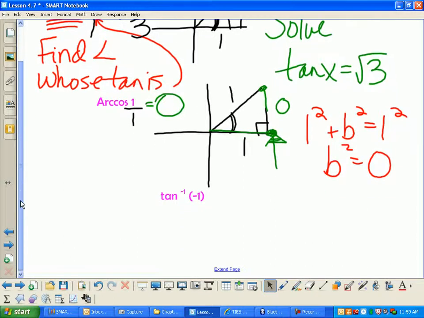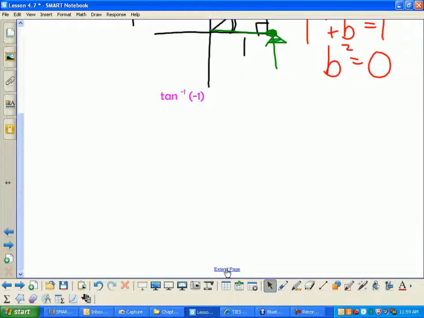Okay, why don't you try this one? Put a little 1 right there, negative 1 there.